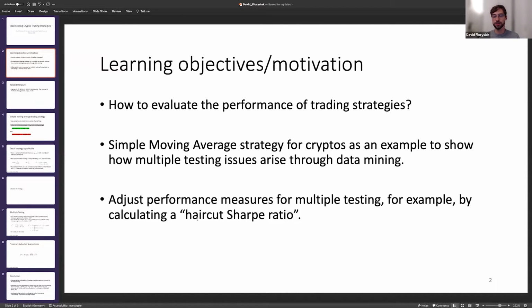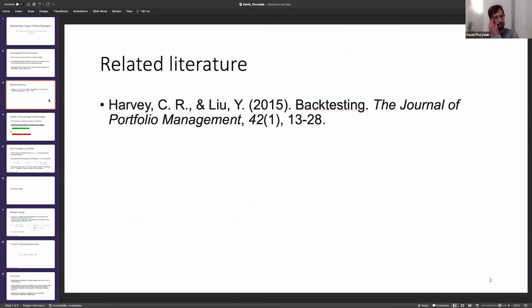In our example, I'm going to show you how to calculate a haircut Sharpe ratio. The main idea of the haircut Sharpe ratio is based on an article by Harvey and Liu, published in the Journal of Portfolio Management, entitled Backtesting.